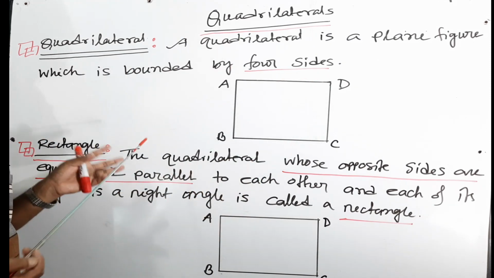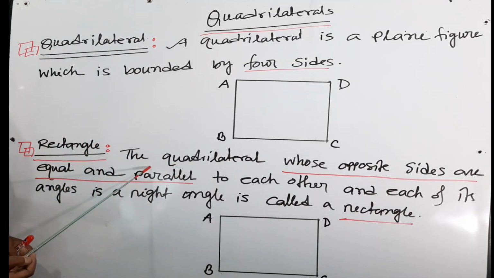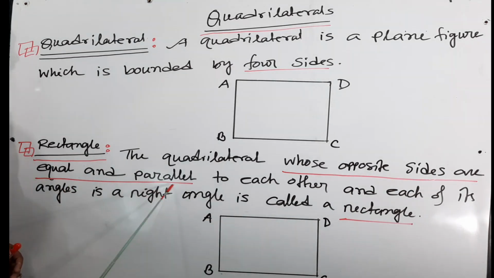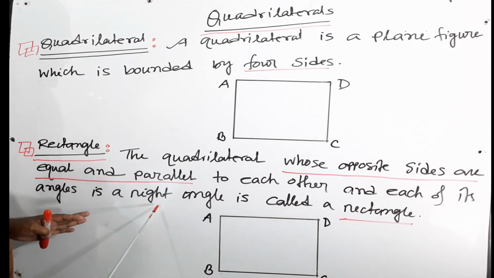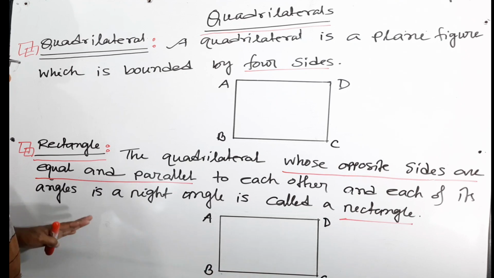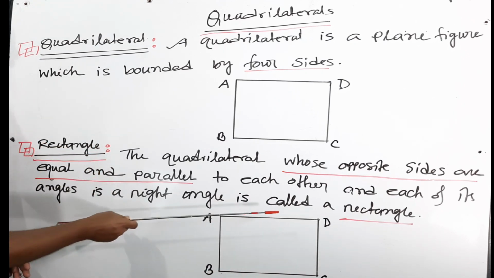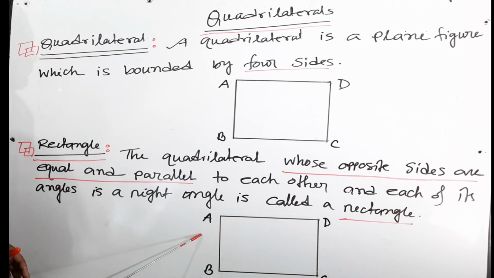Here are four sides. Now we will have to know the definition of a rectangle. The quadrilateral whose opposite sides are equal and parallel to each other, and each of its angles is a right angle, is called a rectangle. So what is called a rectangle? You have to know opposite sides are equal and parallel.